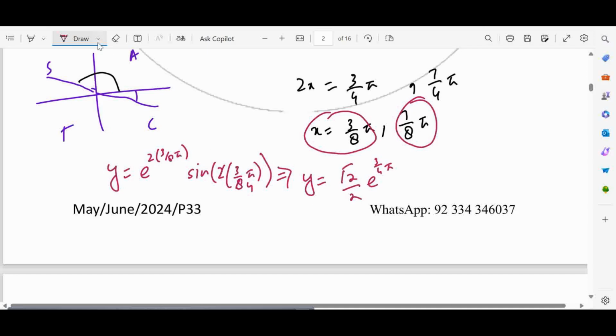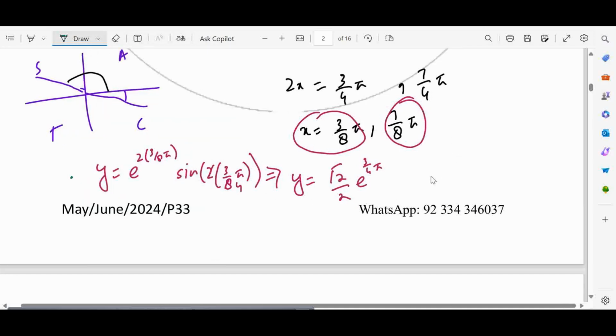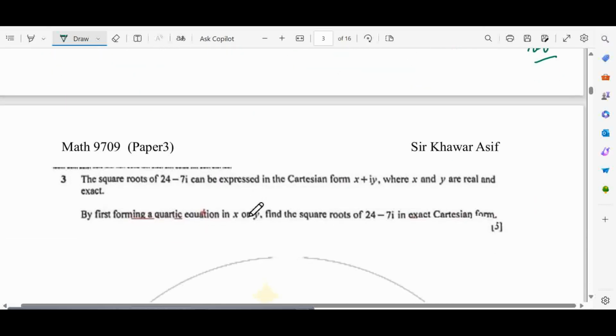Now let's see the final answer. That stationary point will be 3 by 8 pi, and square root of 2 by 2 e power 3 by 4 pi. This will be the final answer. Let's move to the next question.